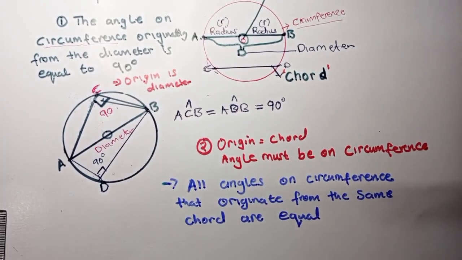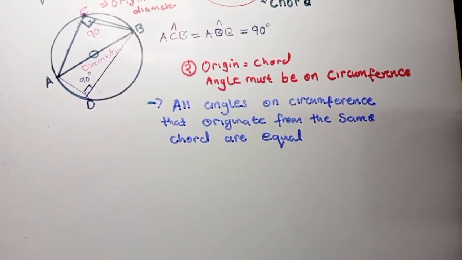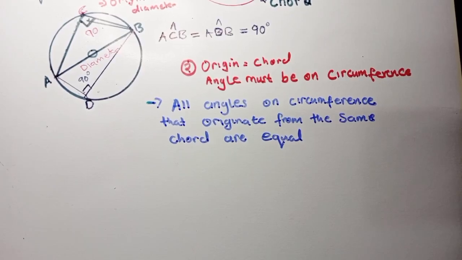Okay, all angles on the circumference that originate from the same chord are equal. That is the property that we are talking about.